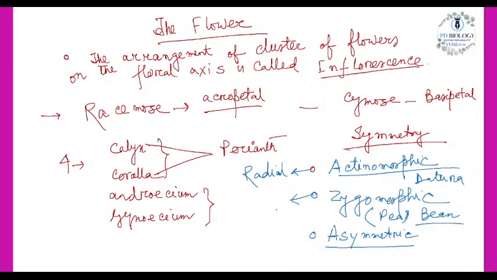Zygomorphic, you can say bilateral symmetry, and this one irregular. Remember these words, asymmetric flower, that is Canna indica. Here the flower cannot be divided into two similar halves by any vertical plane passing through its center. That is an asymmetric flower.